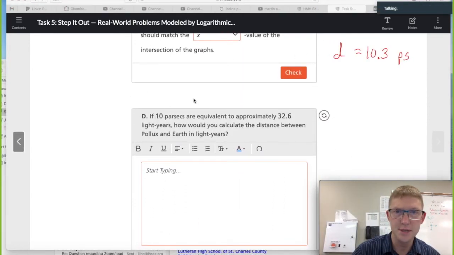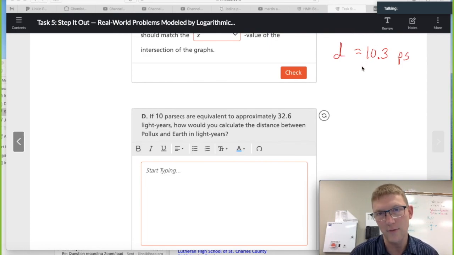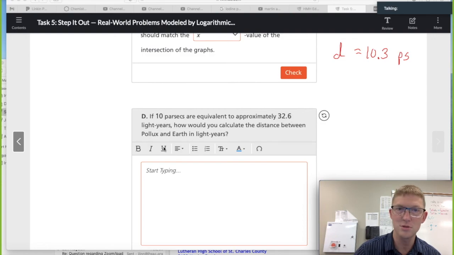If 10 parsecs are equivalent to approximately 32.6 light years, how would you calculate the distance between Pollux and Earth in light years? So we know that Pollux is about 10.3 parsecs away from Earth, and 10 parsecs is equivalent to 32.6 light years.